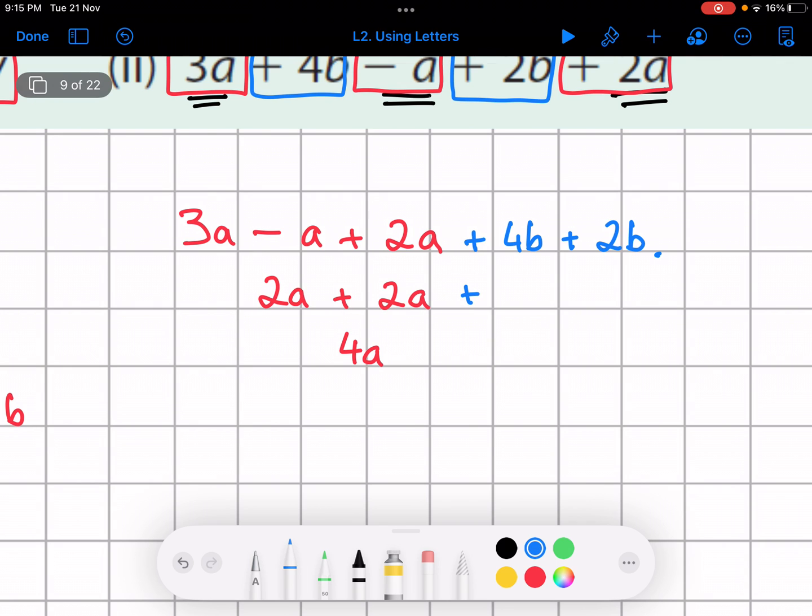If you have 4b and add another 2b to it, you'll have 6b, and you'll have 4a plus 6b. And that is the final answer. We have now added all the a's together and all the b's together.